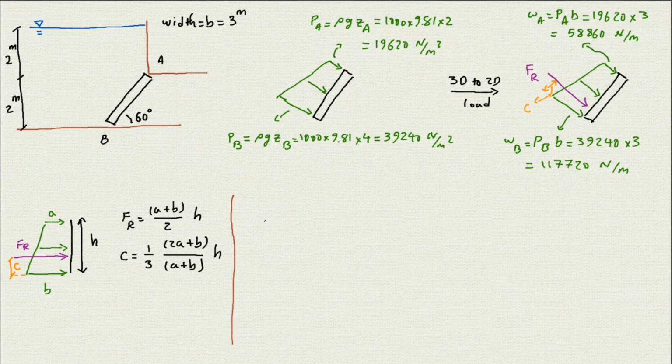Therefore, the magnitude of the FR is going to be equal to the area of the trapezoid. It's going to be WA plus WB divided by 2 times the length of that plate. So we need to find the length of that plate.